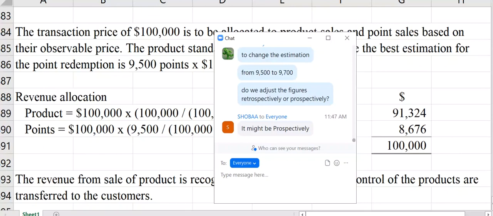It might be prospectively. Is it confirmed? And why do you think it might be? Is there any hint or any points from the accounting standard or the question telling us that it might be retrospectively? So anyone else would like to offer an opinion? Is it retrospective or prospective? While I'm waiting for Shuba's reply, why might it be retrospective?